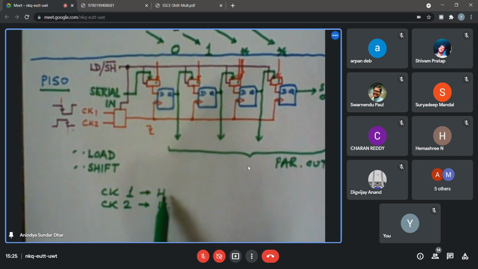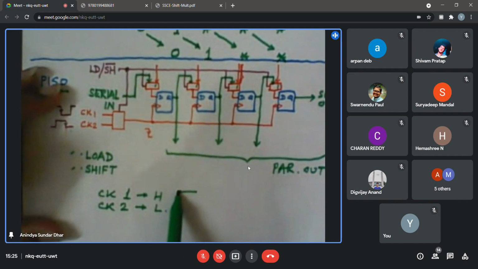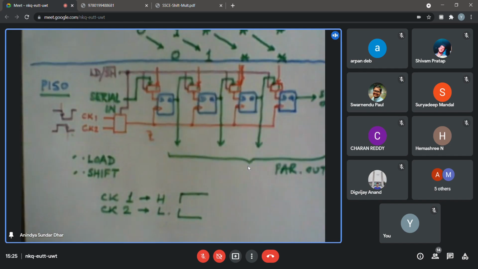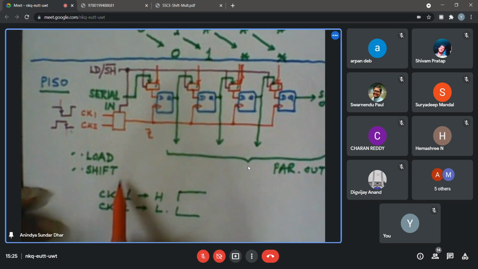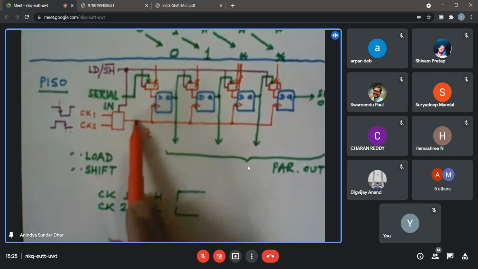Now, as such, this is a steady state. CK1 is remaining high and CK2 is remaining low. At some later point, I think it will once again become low. Now suppose I suddenly shift that load shift control such that from clock 1, I suddenly choose clock 2.